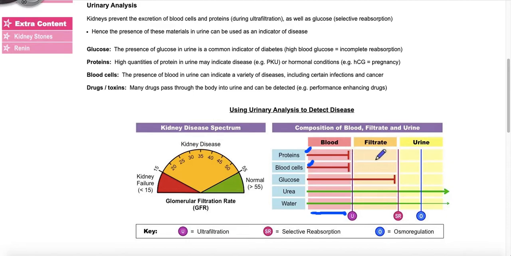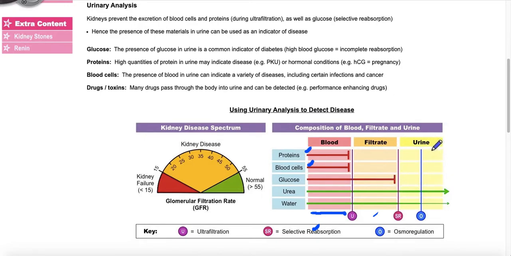They shouldn't go past your blood into the filtrate. You want to keep all that stuff. Glucose, since it's very small, can still get filtered and can become part of the filtrate. But then remember that through selective reabsorption that happens in the proximal and distal convoluted tubules, that glucose that is found in the filtrate is reabsorbed, right?